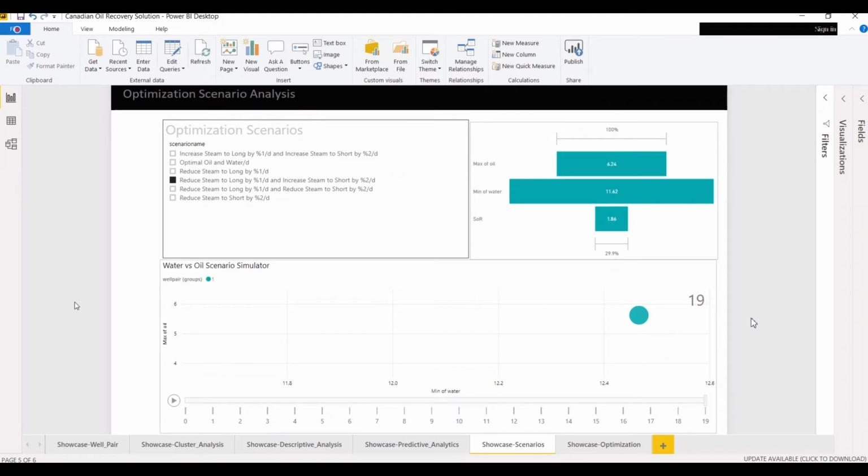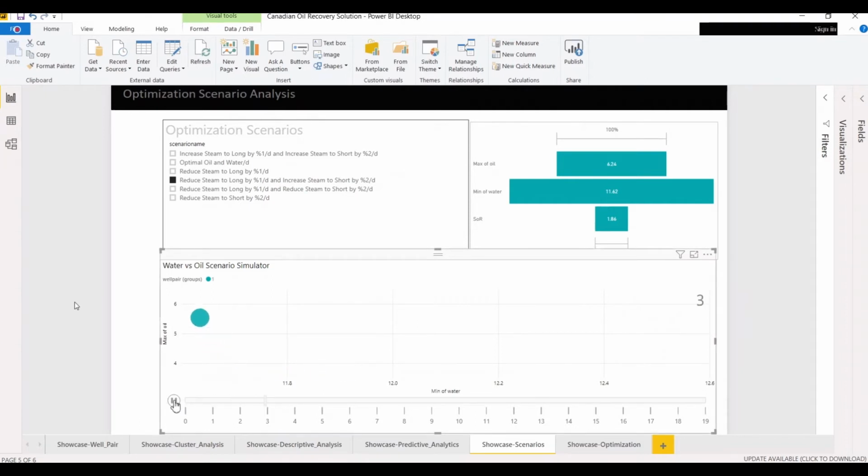And the steam to oil ratio is 1.86. What this SOR number means is we need 1.86 barrels of water to produce 1 barrel of oil.